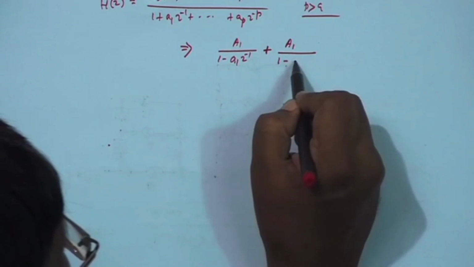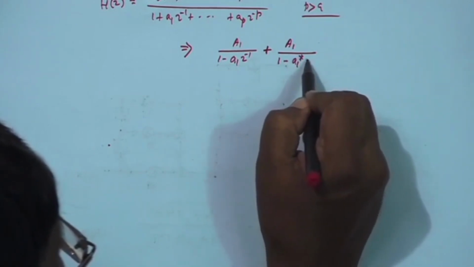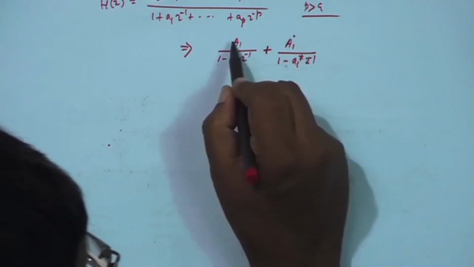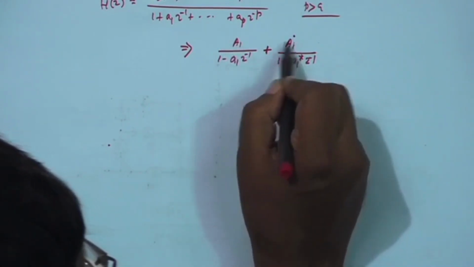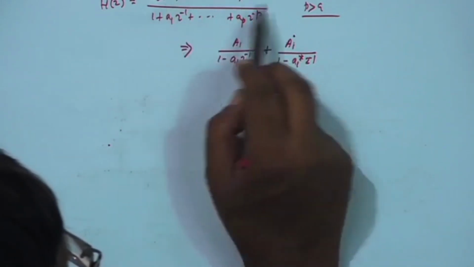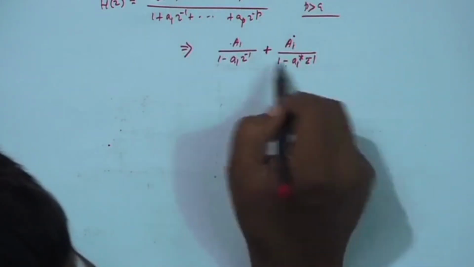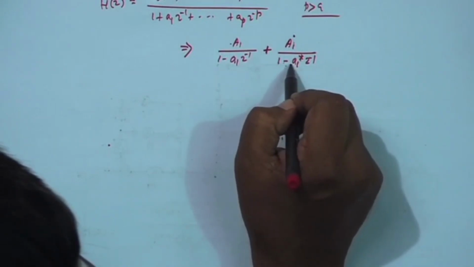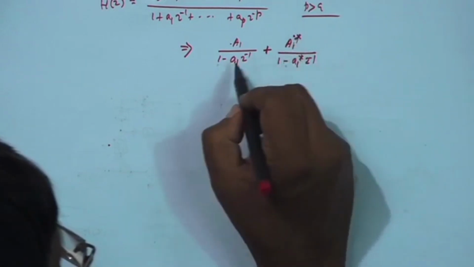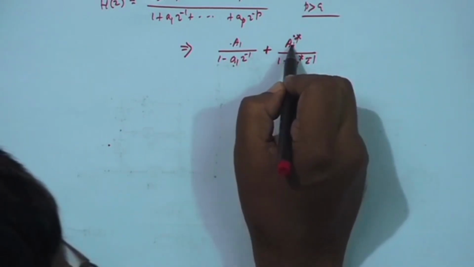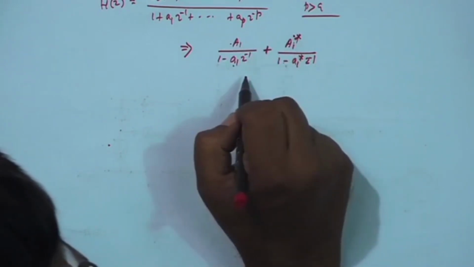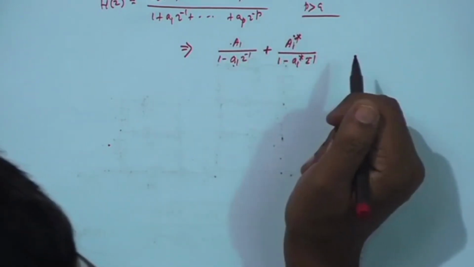If this is complex, there must be an A1 star and a1 star Z inverse, because if you combine them, A1 plus A1 star becomes real, since finally my coefficients have to be real. Capital A1 into small a1 star and capital A1 star into small a1 are conjugate of each other. So, when you add them, again you get real.